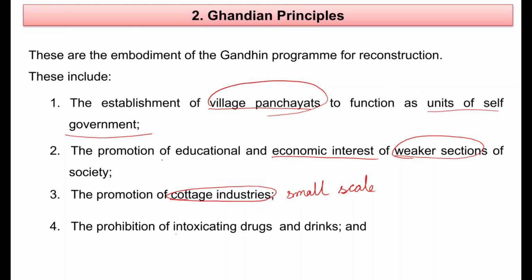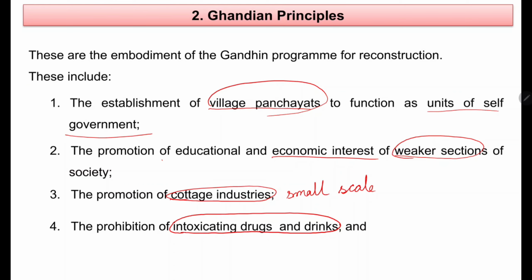Fourth, we have the prohibition of intoxicating drugs and drinks. These are some of the things which will ruin and hamper the development of an individual, isn't it? So there should be prohibition of intoxicating drugs and drinks. See, there is always a ban, especially on tobacco.